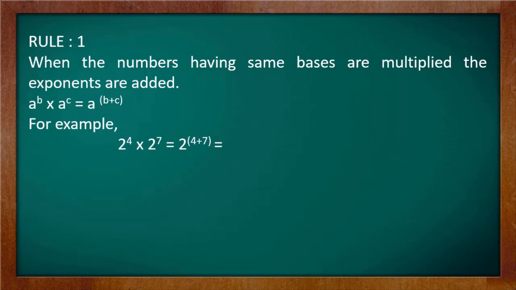For example, now the base is the same, 2, but the powers are different and the bases are multiplied. So 4 plus 7, your answer will be 2 raised to power 11.